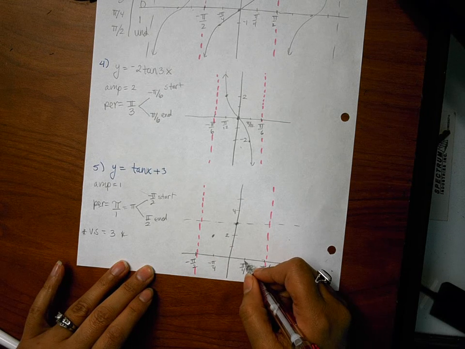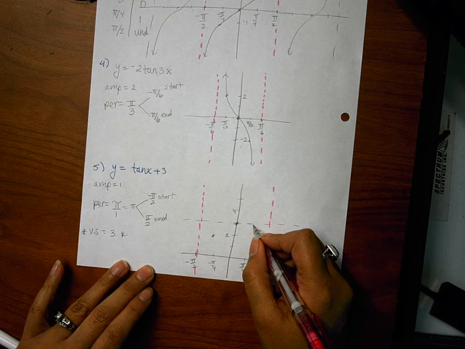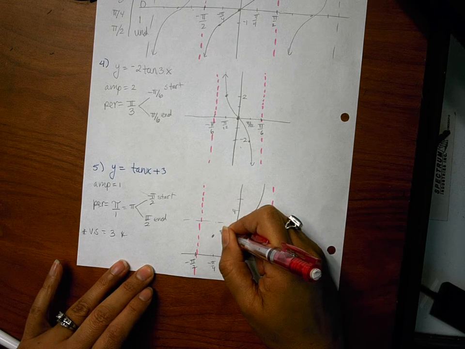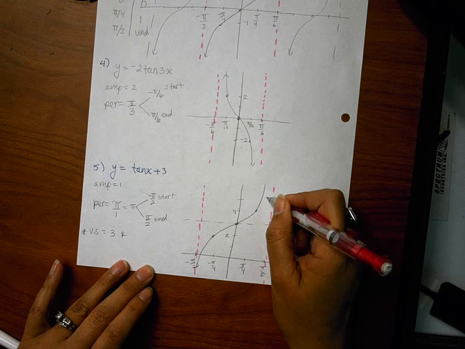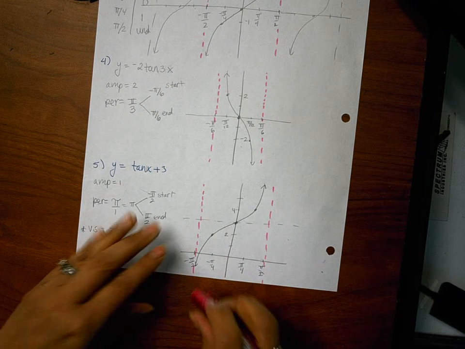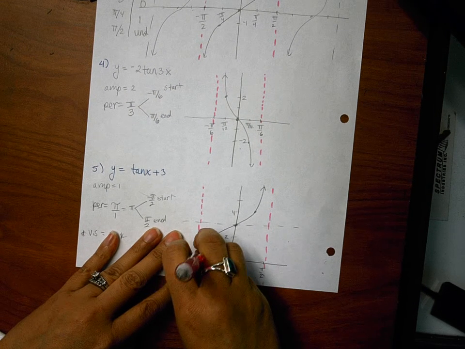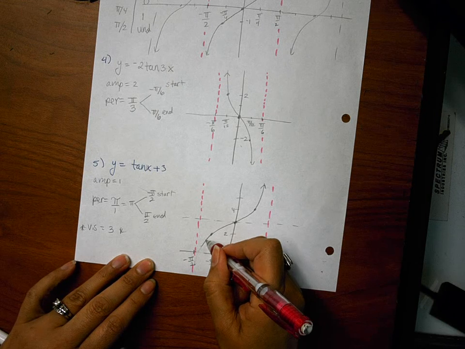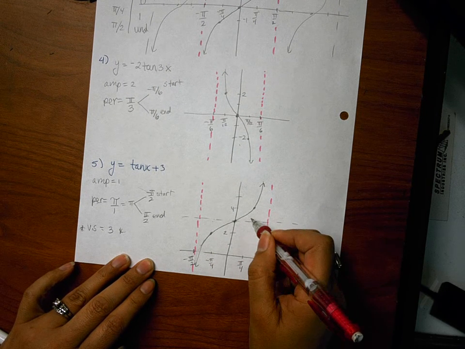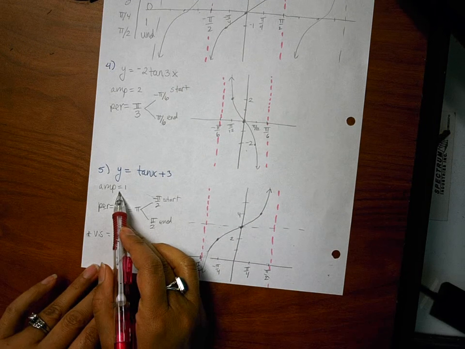From positive pi over 4, from my fake axis, I go up 1, and then I draw my graph. All right, so I went from my fake axis, left and down 1, right and up 1, because that was my amp.